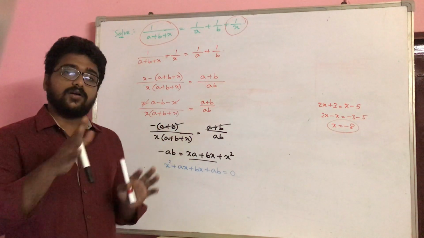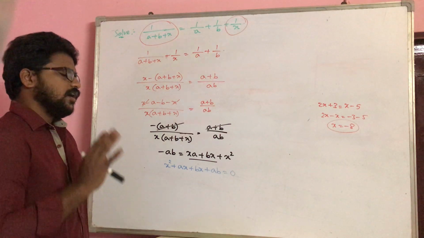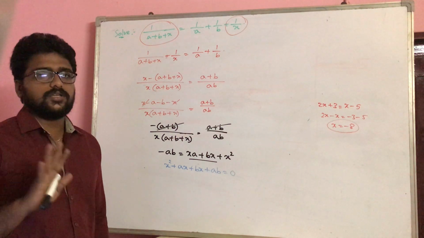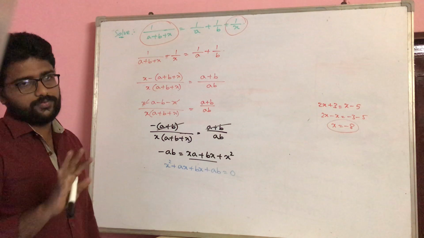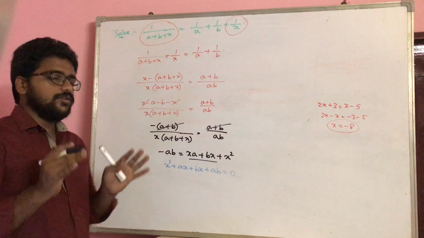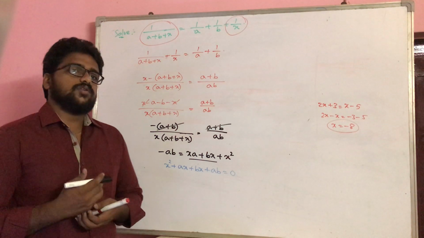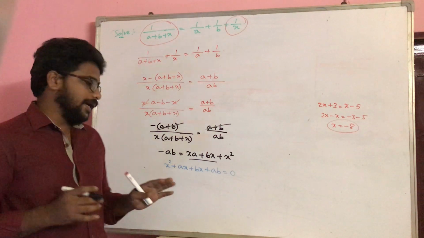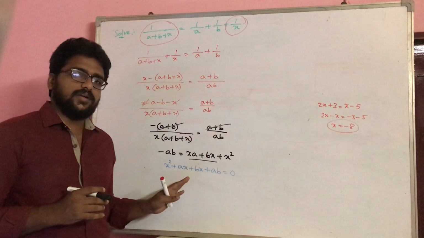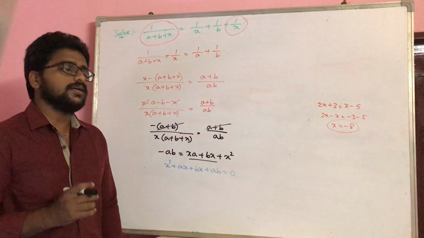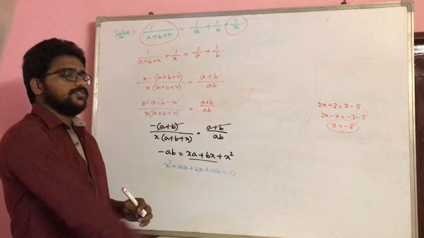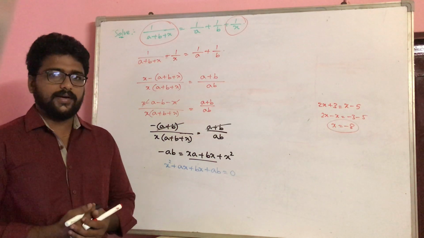Now here, if you are able to get the thought directly, that is fine. If you are not getting any thought on how to solve this, you always have the choice of using the quadratic formula, no doubt about that. But before directly using the quadratic formula, just keep an eye on the question and the terms involved, so that maybe without that much procedure you may get the answer immediately.